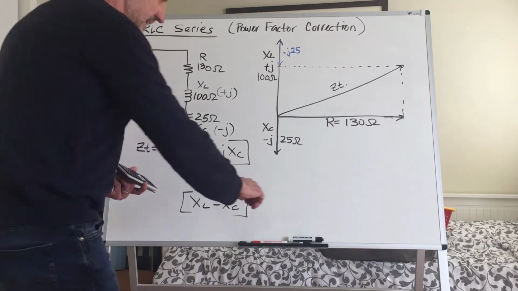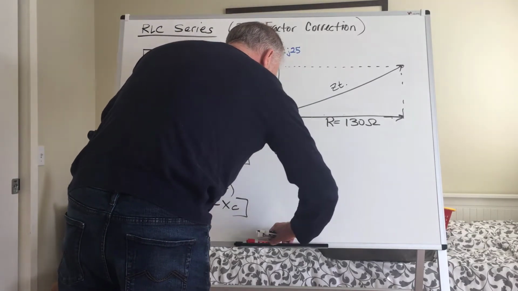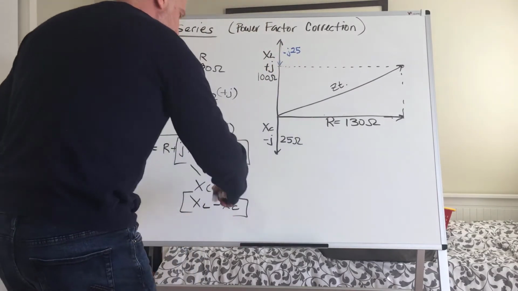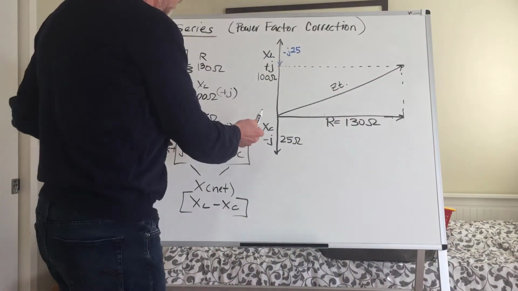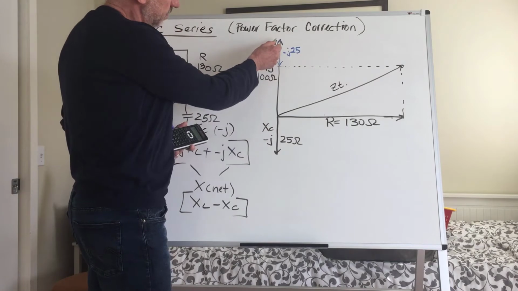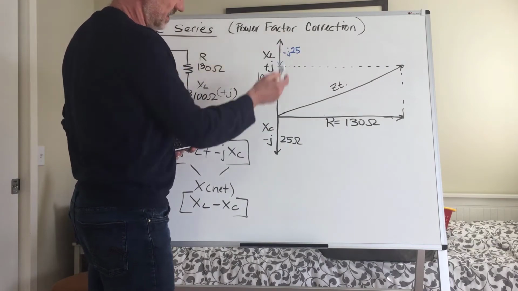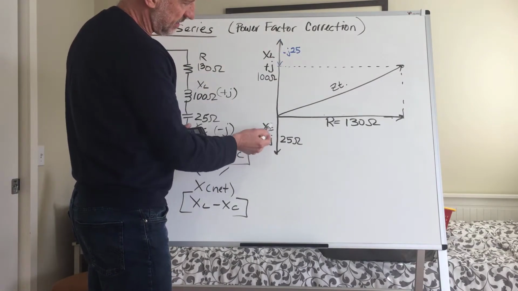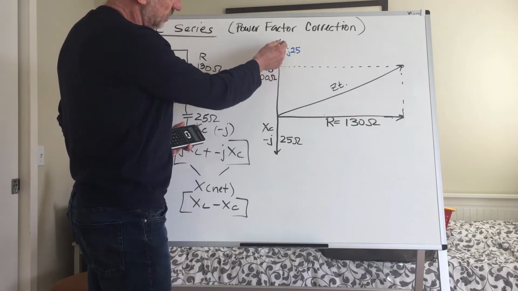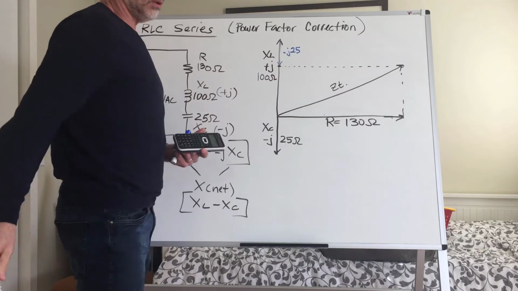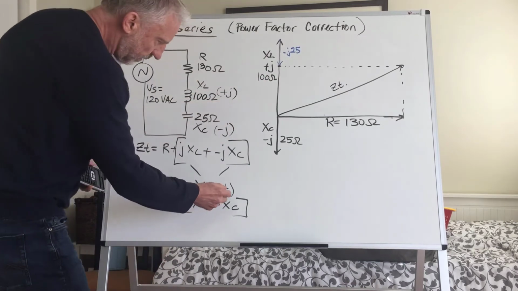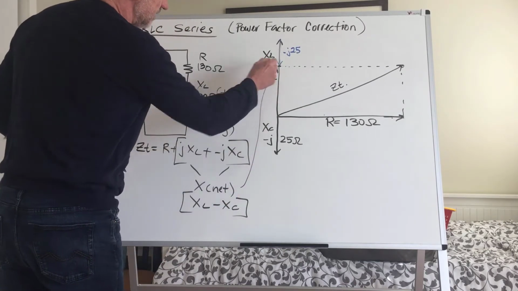All right, so knowing that, and when we look at our impedances here, our overall reactance is found by our 100 ohms of plus J added on to our negative value of 25 ohms, which is why I showed the minus J added on here to give you the total. That's our X net value, isn't it?